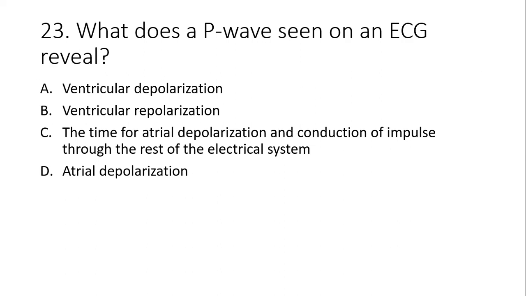I do believe I had to look this up. If I recall correctly, EKG came from German, electrocardiogram, spelled differently, and then English makes everything easier, so that's why we changed it to ECG. So yeah, it's going to be D. That's when our atria depolarize.